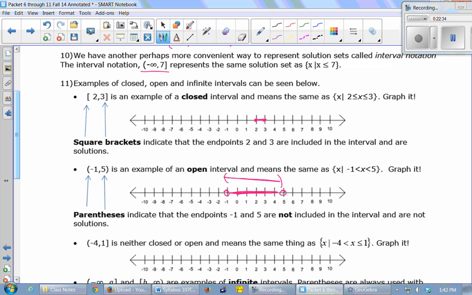It's okay to do it either way. The advantage to using the square bracket and round bracket on the number line is it's the same notation as the interval notation, so you don't really have to translate.